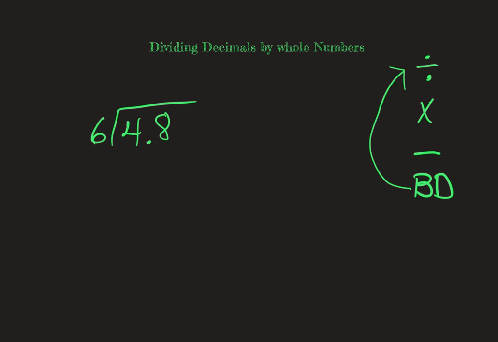In this problem, there are no decimals in the divisor, which is the 6, so we are free to go ahead and multiply. That will make sense on why I'm doing it that way in our next lesson.